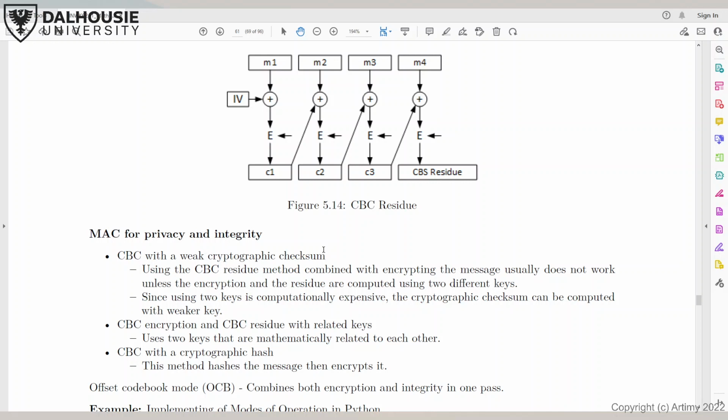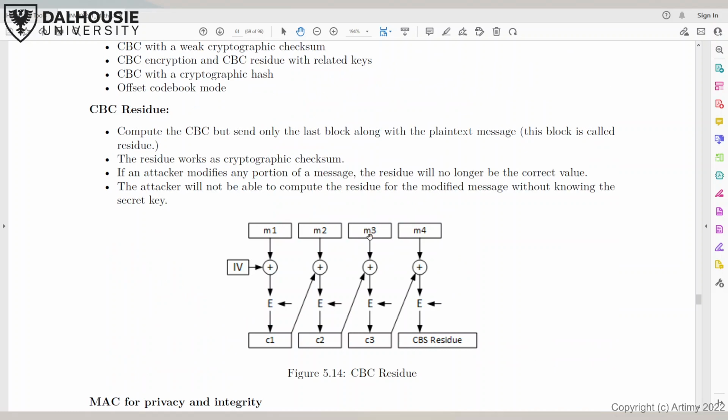So all of this is intended to avoid sending two different keys, right? Because that takes time and we need to exchange more information. Also, avoid wasting good keys on something simple like an integrity check, right? And do things faster.